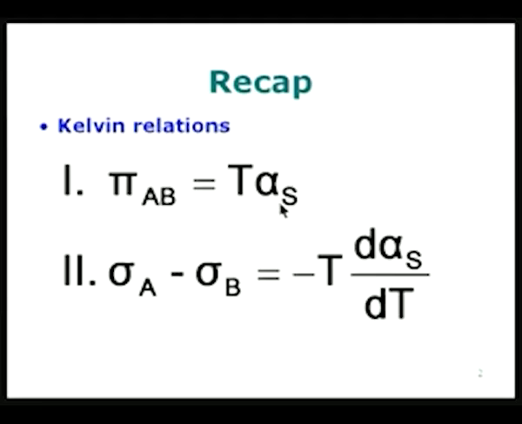Therefore, this is the first derivative of V_S with respect to temperature, and because sigma_A minus sigma_B is related to d alpha_S by dt, which is actually the second derivative of V_S with respect to temperature, if you think in terms of a Taylor expansion around the temperature T, we should at least have three terms in that expression.